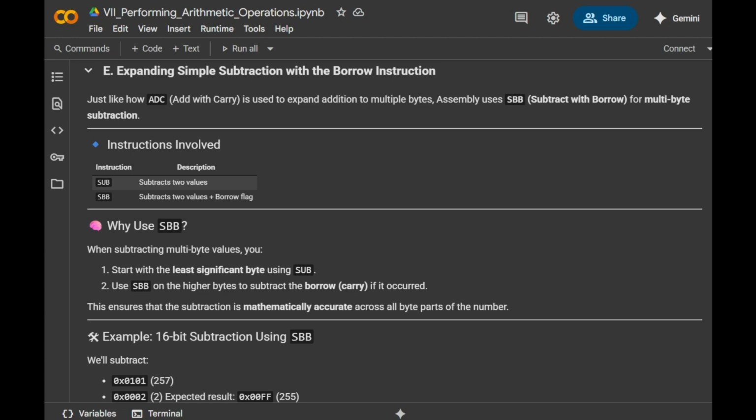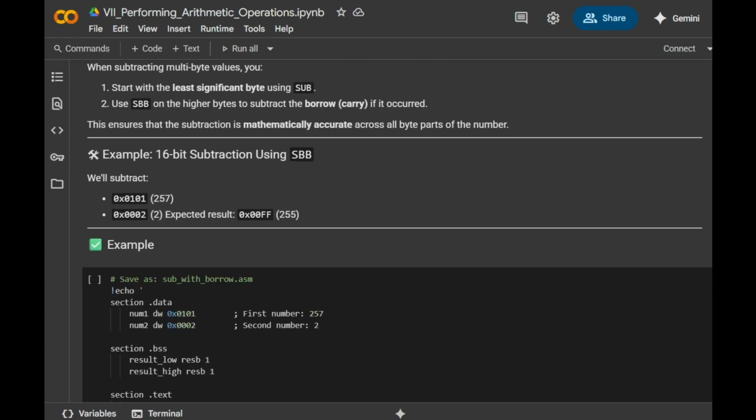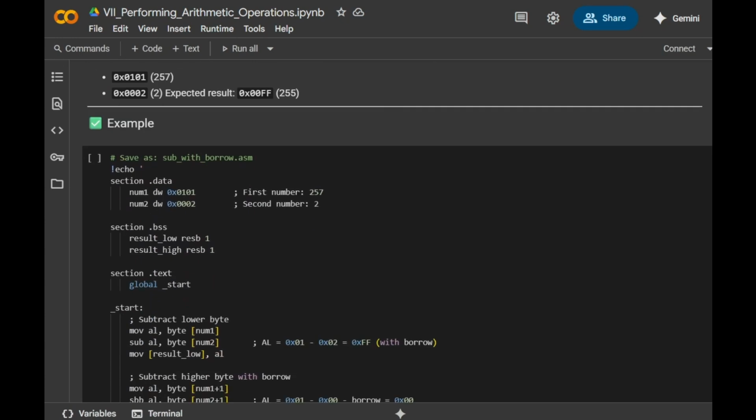Let's see an example where we subtract 2 from 257 in hex. That's hex 0101 minus hex 0002. The expected result is 255, or hex 00FF.